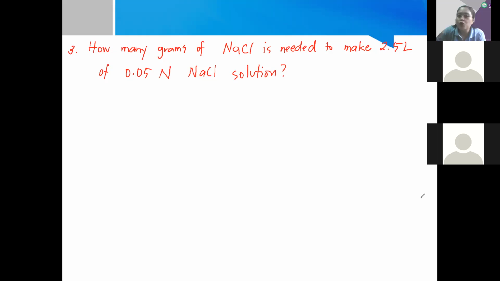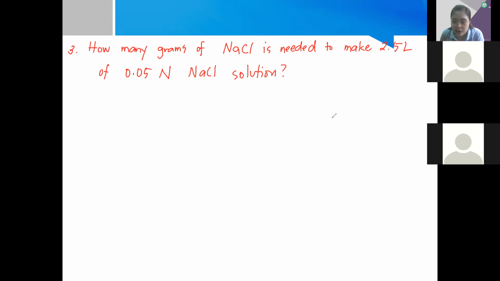So you have to look for the grams of the substance na gagamitin mo para mabuo mo yung solution mo.